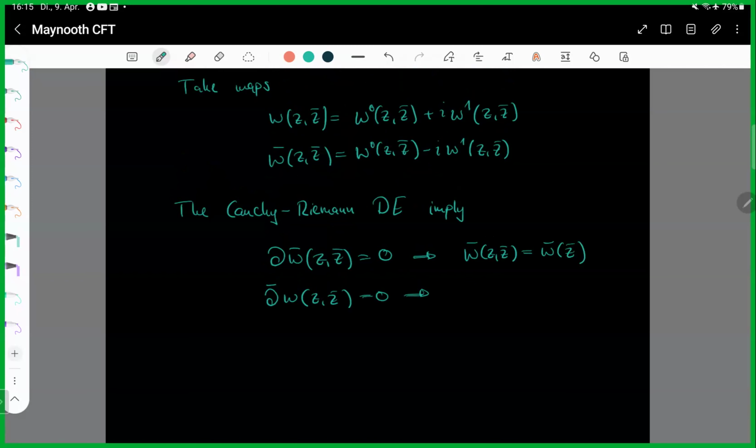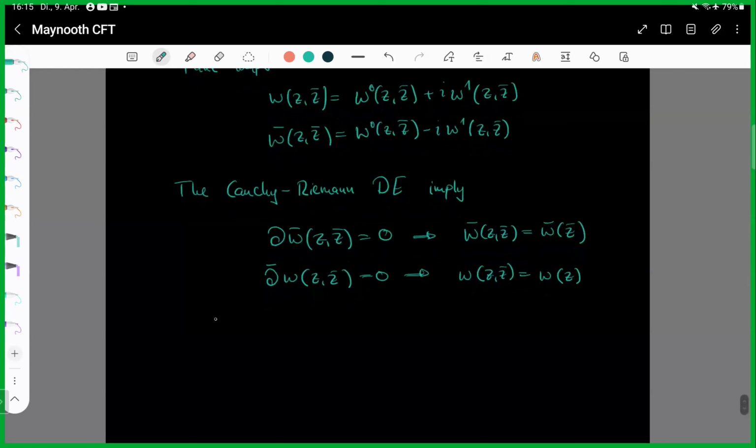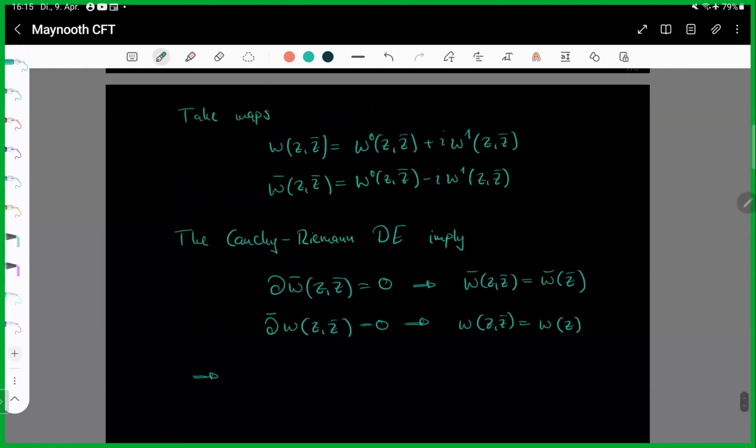By anti-holomorphic, I mean a function of Z bar only, and by holomorphic, I mean that W is only a function of Z. So in the future, whenever I say a function is holomorphic, I mean it's a function of Z only and independent of Z bar. And vice versa, when I say a function is anti-holomorphic, it's a function of Z bar only and independent of Z.